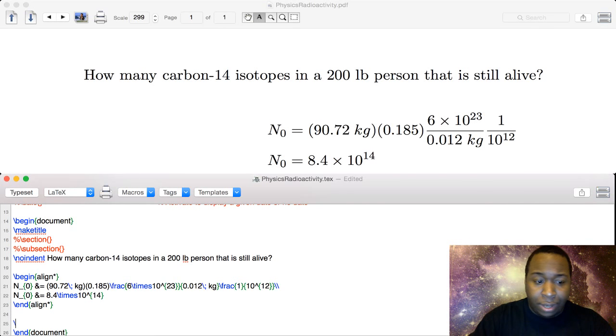So, no indent. And the activity, I've got to explain what that actually is. The activity is basically the number of, in this case, the number of decays per unit time.